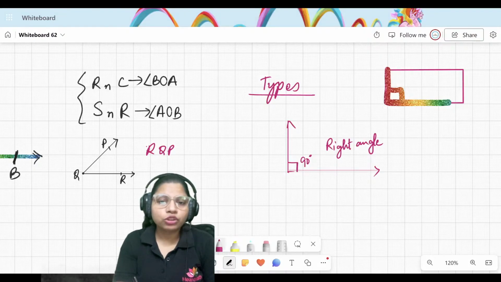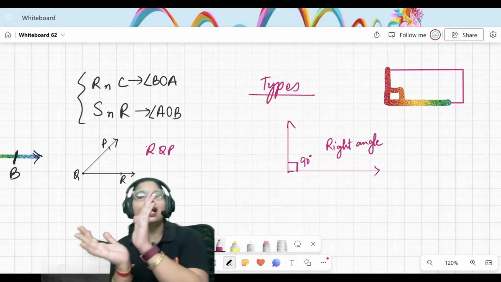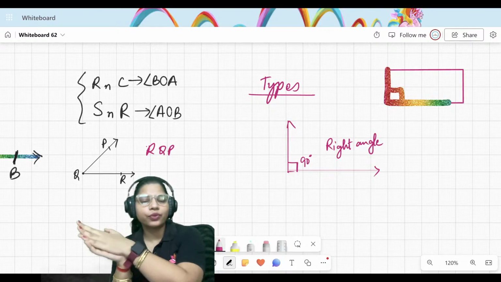So a right angle is the angle that measures 90 degrees.